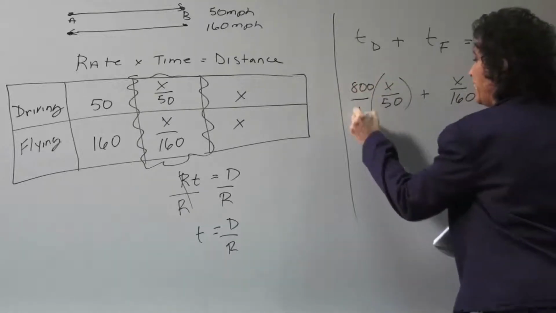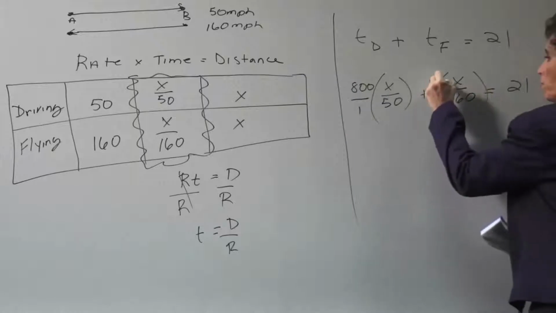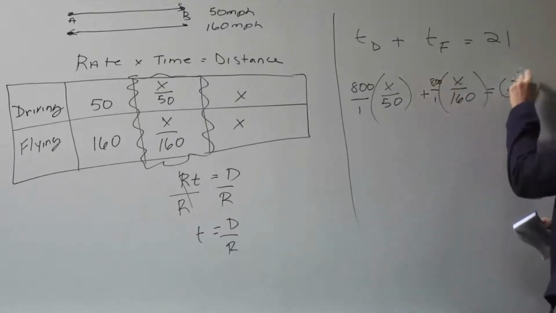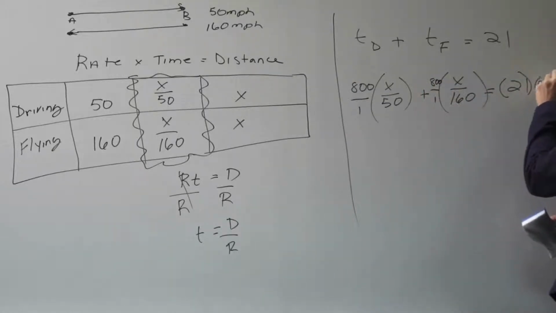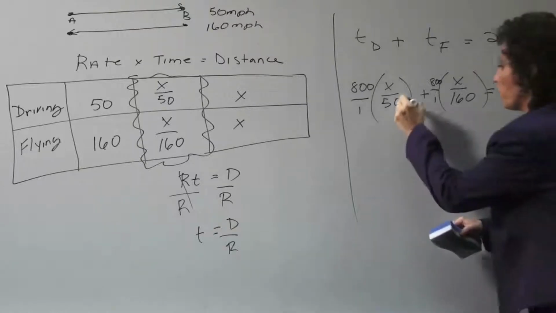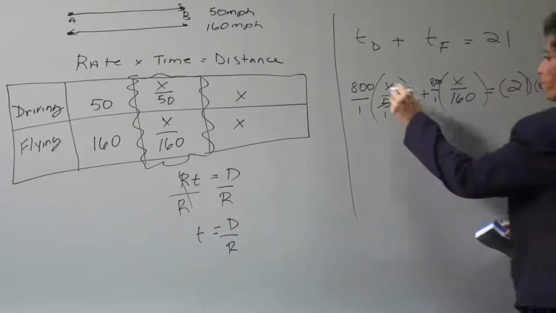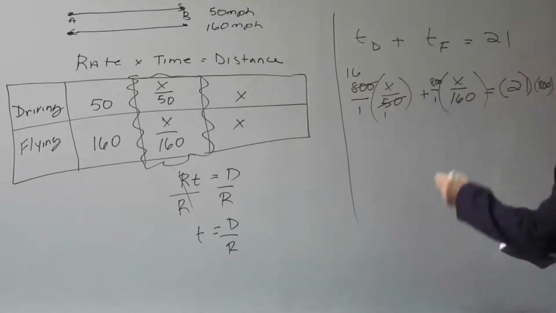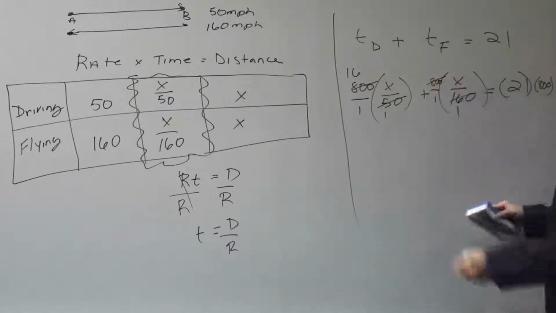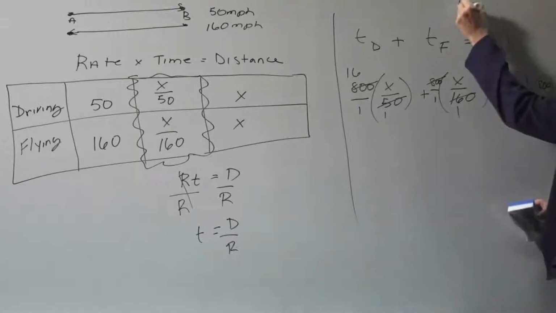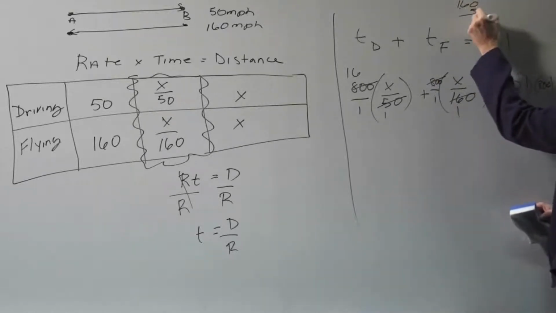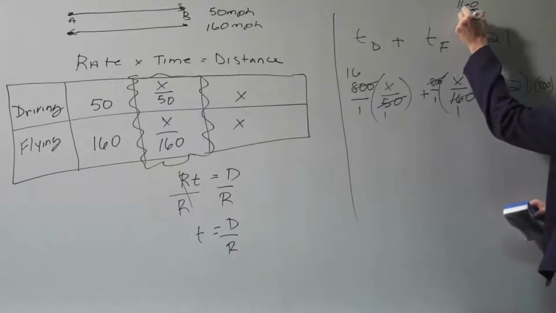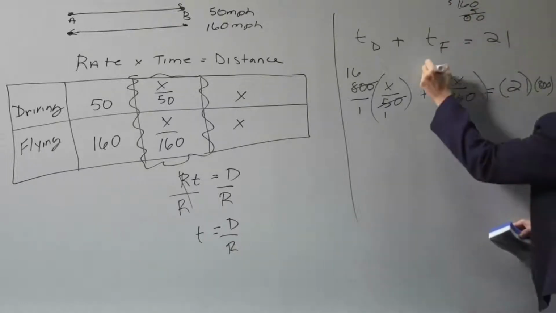Math doesn't always have to be neat. It's okay. We're going to do this another way. If you don't like this problem, it's okay. It's all good. Okay, 50 into 800 goes 16 times. 160 into 800, what's that, 5 times? Yep, 5 times.